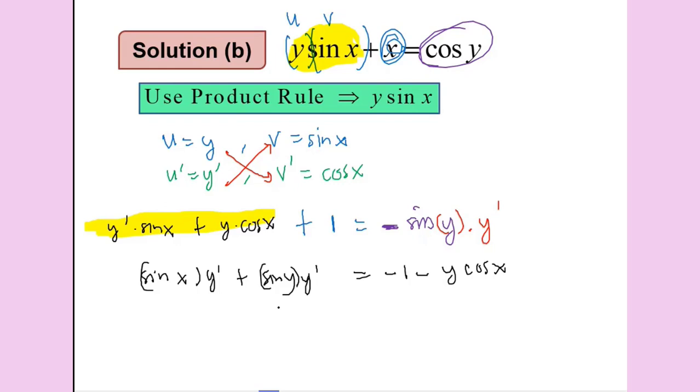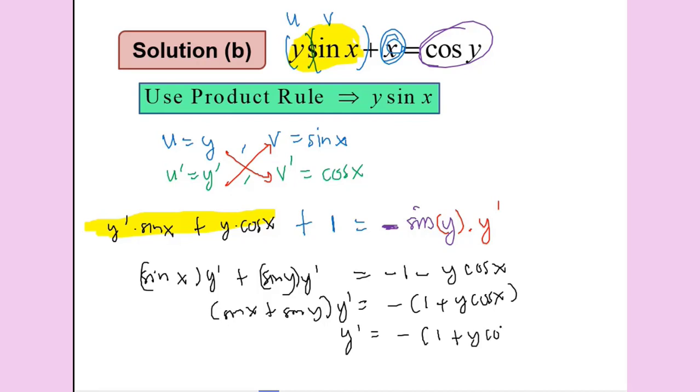Then factorise: sin x plus sin y, y prime, equals negative 1 minus y cos x. Then y prime is equal to negative 1 plus y cos x over sin x plus sin y. Okay, this is number 3.